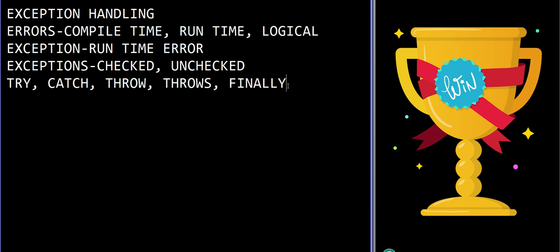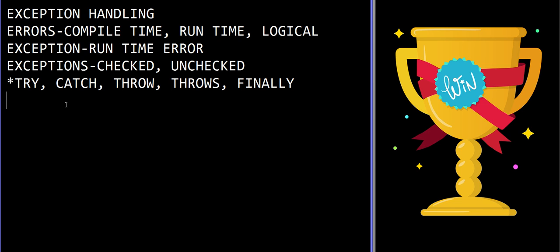If I write a statement like "the program is completed" in the finally block, it will execute whatever the consequences or errors may be. So these are the main keywords. I will mark some stars on them; these are all important.